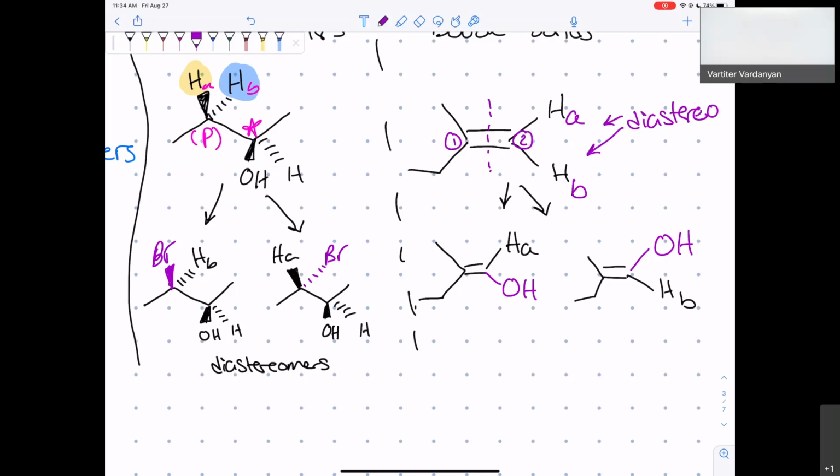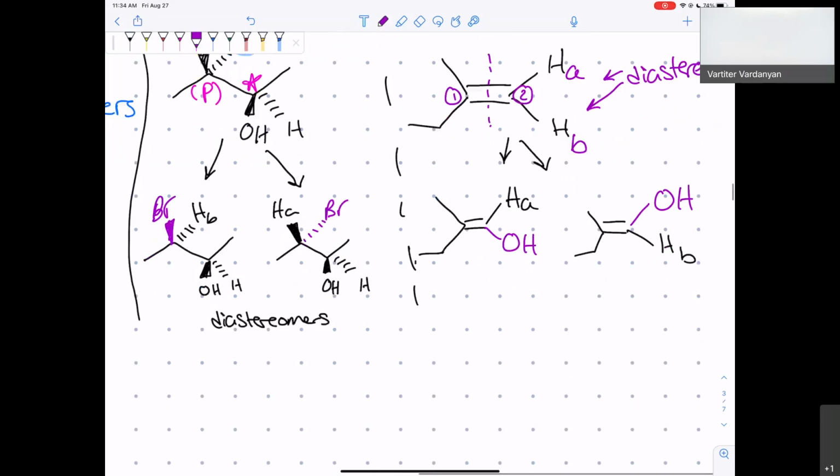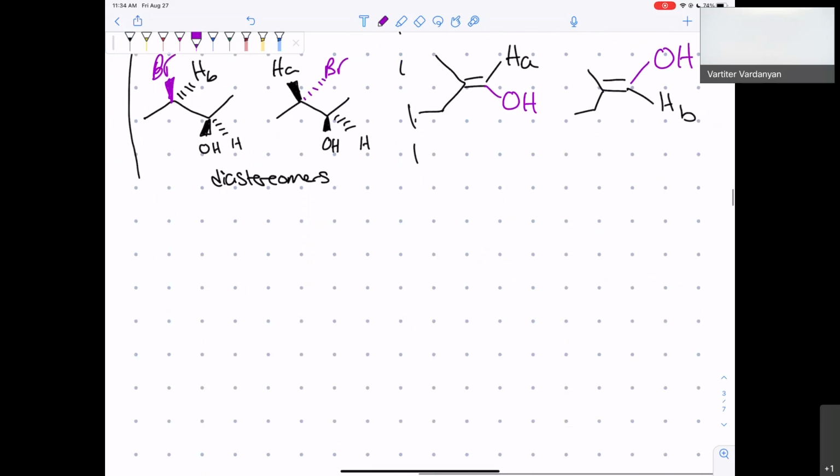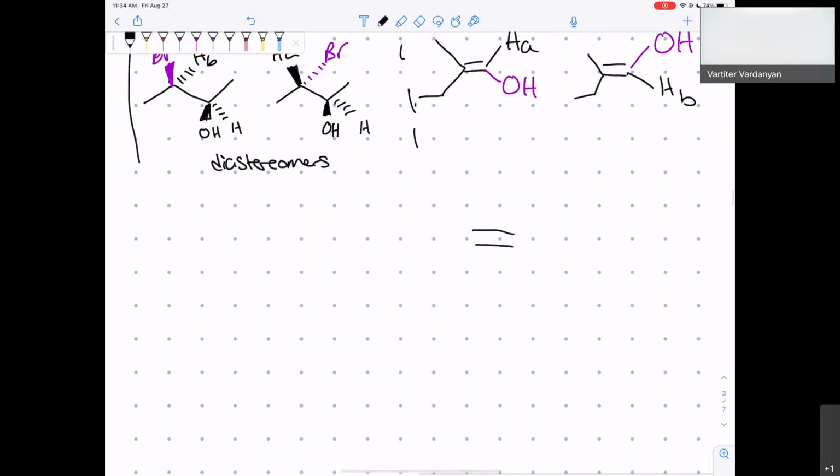Two hydrogens. Yes. So he will try to trick you, because of course. Okay, so if he gives you a double bond like this, what do we think of HA and HB? Exactly.